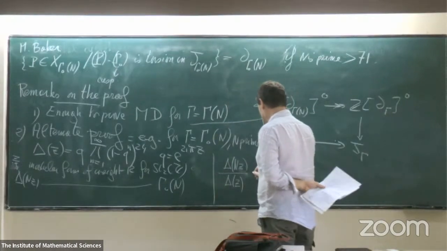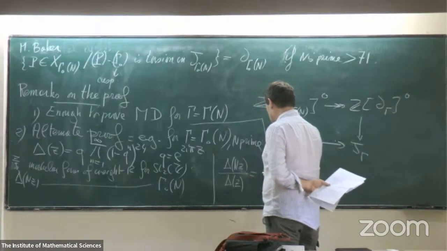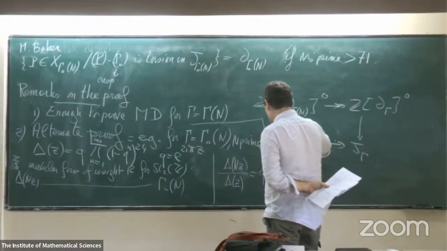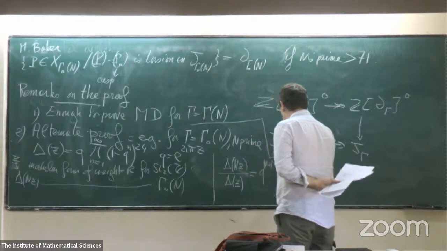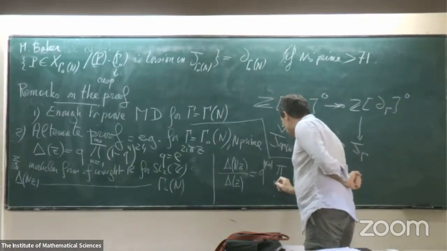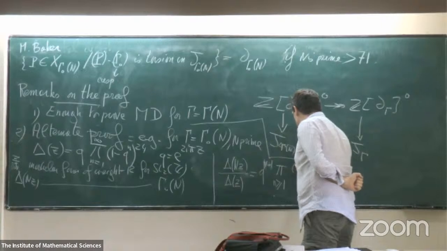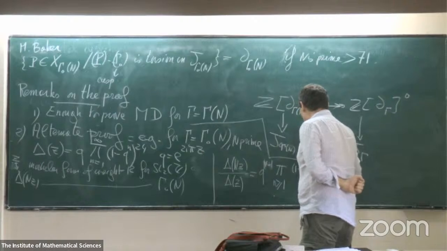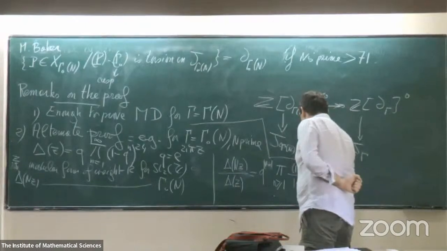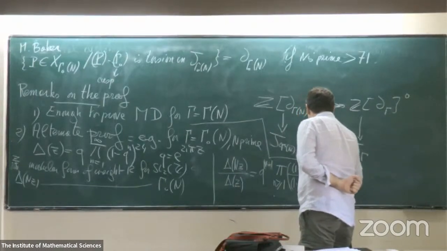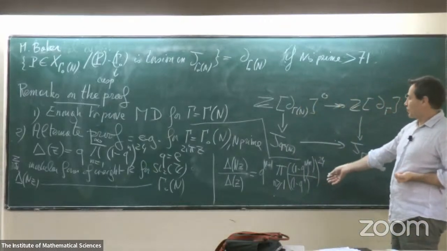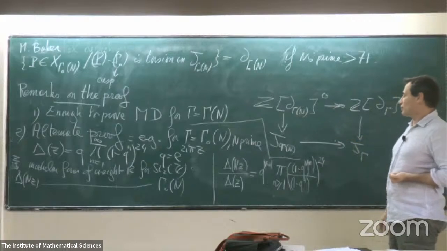It is a function, which, if I write it correctly, is the product to the power of 24. And so this function does not vanish and has no pole on the upper half plane.